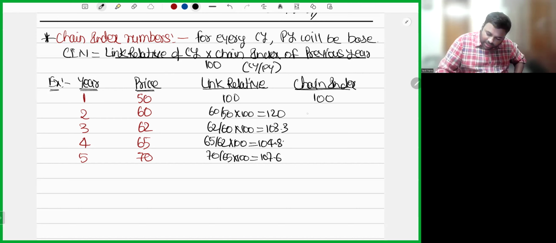Here, link relative of current year into chain index of previous year divided by 100: 120.